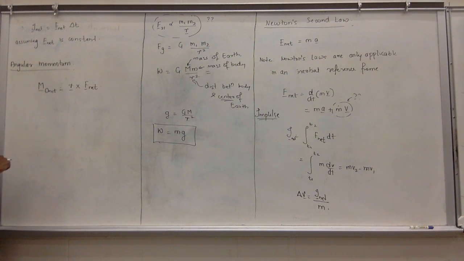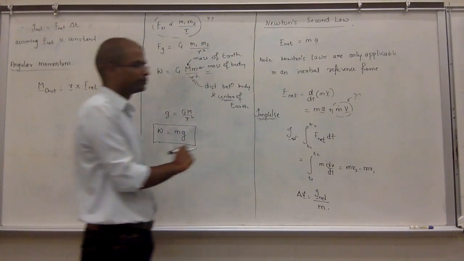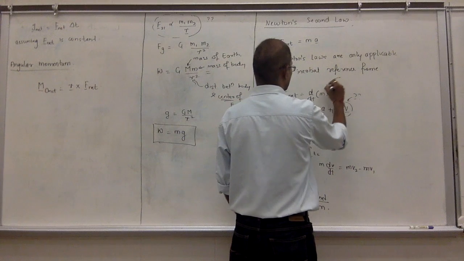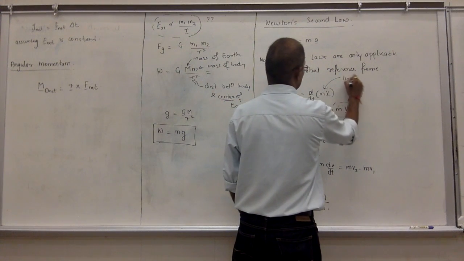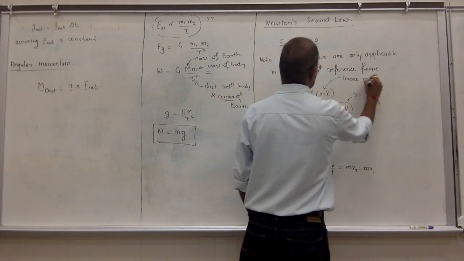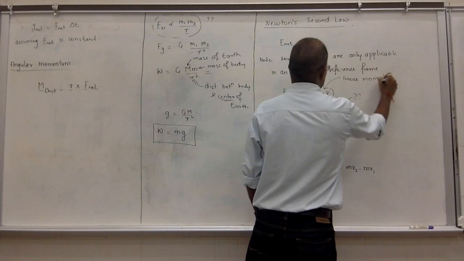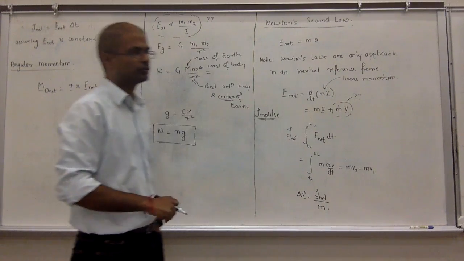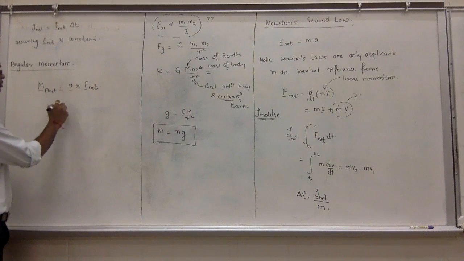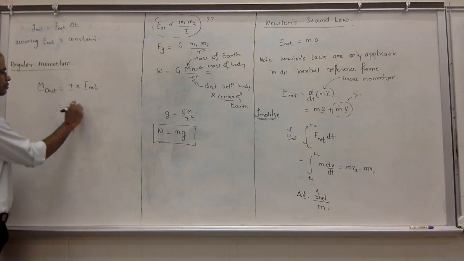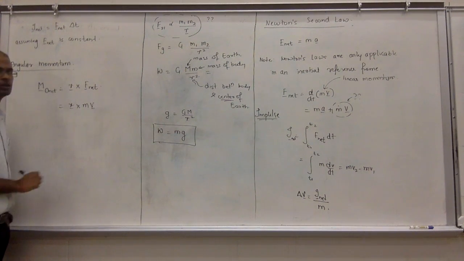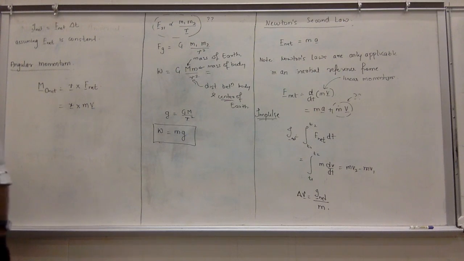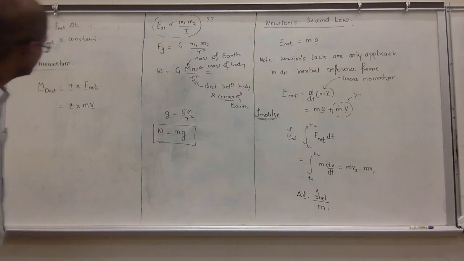Did we define linear momentum? That's right. This is linear momentum. mv is linear momentum. r cross mv is angular momentum. What does that say by the M?